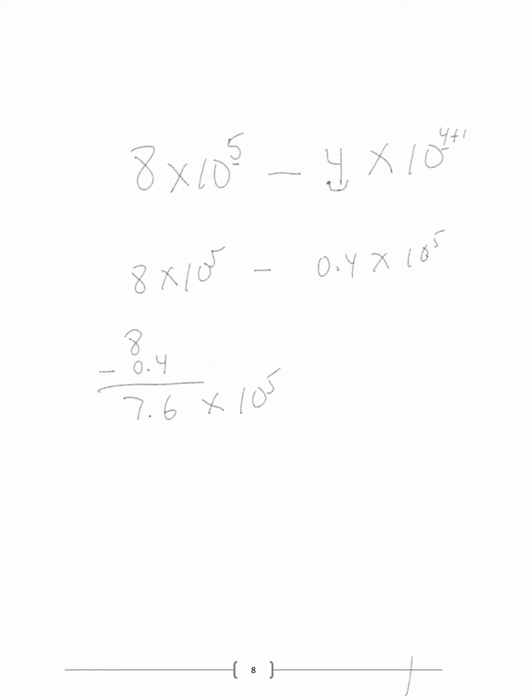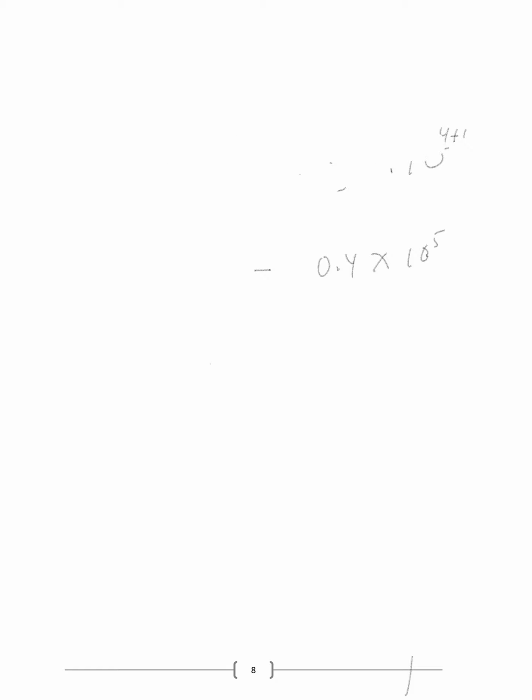Let's do one more example. Let's say I have 1 times 10 to the fourth minus 5 times 10 to the third.